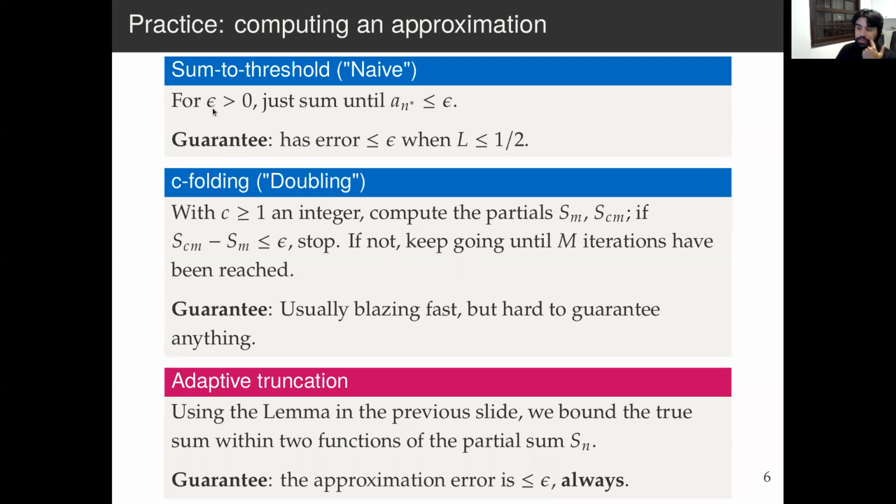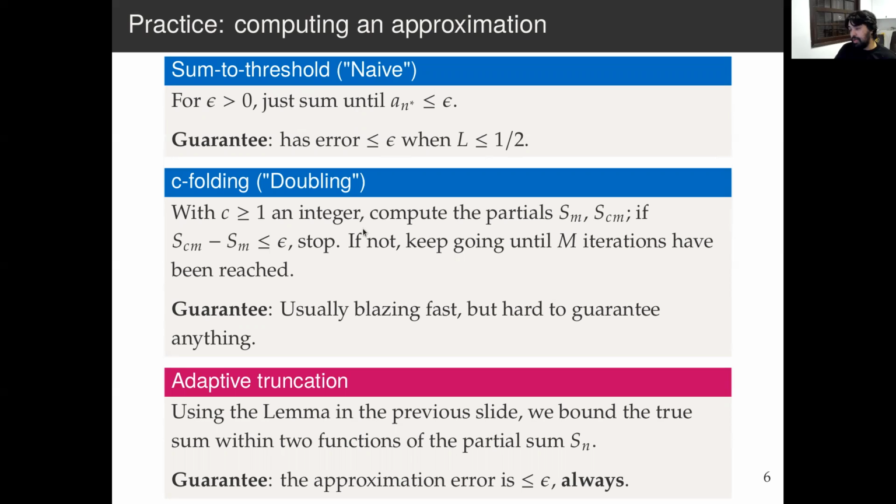If you assume there's a threshold epsilon, you sum until the terms are smaller than this epsilon. And what we can show is that when the series passes the ratio test and the limit is less than a half, then this technique will give you a truncated sum that is within epsilon of the true value.